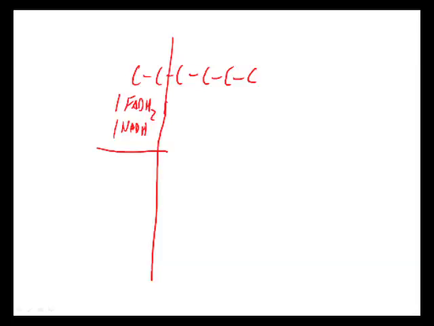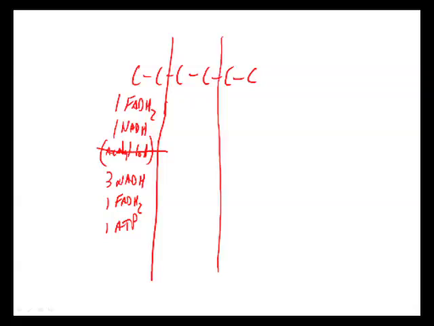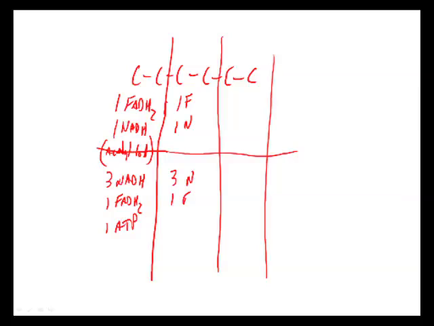The acetyl-CoA then enters the citric acid cycle, and we would get 3 NADH, 1 FADH2, and 1 ATP. But now repeat that 2 more times. And I'll just abbreviate these for short.